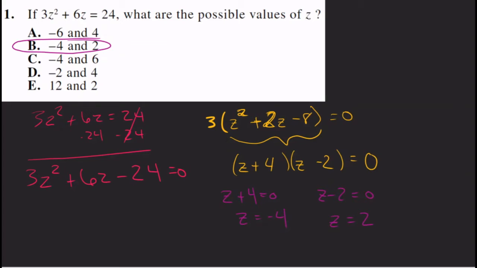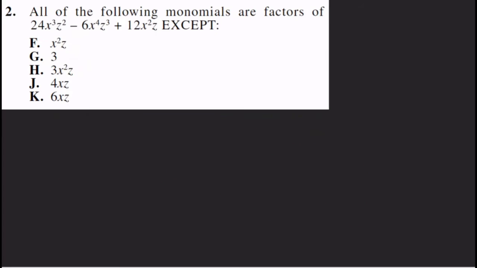All right, so rolling right along to the next one. All the following monomials are factors of this particular expression except which one? A monomial is a one-term thing. In order for a monomial to be a factor of an expression, it must be a factor of every term in that polynomial expression.